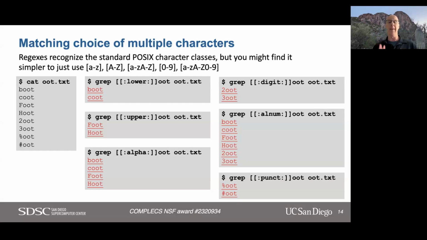Now what I find particularly useful though are things like the space and the punctuation classes. I remember I worked on one project where I was trying to match punctuations, and this was some time ago before I knew that there was a punctuation class. So I used my square brackets and worked my way down the keyboard.